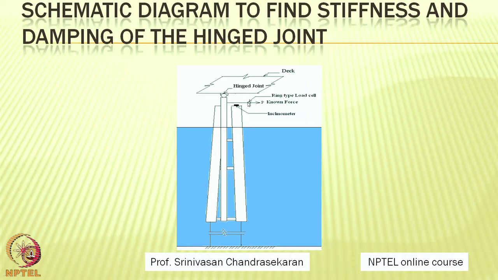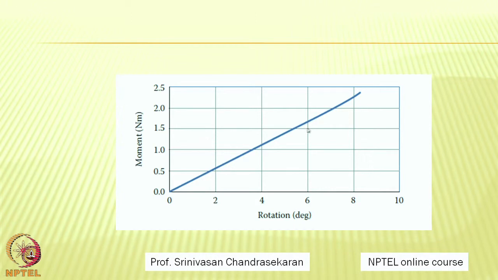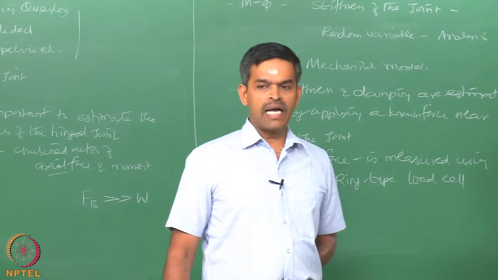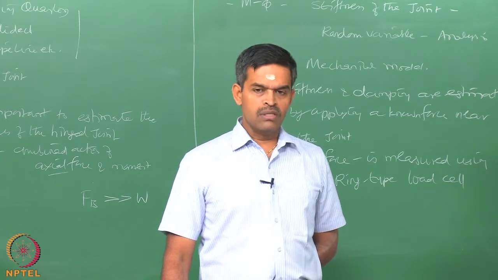We apply a ring type load cell here, where a known force is applied and the moment caused by this force is measured, and the inclinations are measured by the inclinometer, and the moment-phi characteristics, that is moment versus rotation, are plotted, and that has been used for the study, with a typical value shown on the screen now. The moment rotation characteristics for a given loading under the given P value of the scaled model are estimated experimentally, and that becomes an important input for modeling the behavior of the hinged joint in actual sea state conditions, which is being used in the reliability analysis.